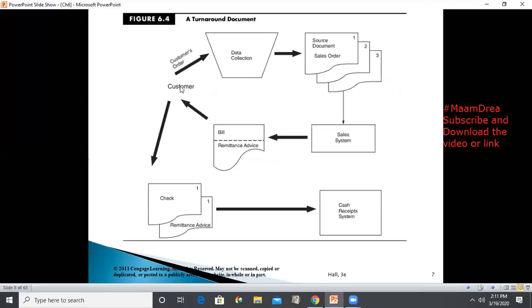The turnaround documents happen when the customer's order asks for a quotation, we collect the data, and a sales order is created as a source document, entered in our system, and then we create the bill with the perforated form, the other half being the remittance advice, sent to the customer. Upon approving the billing, the customer creates payment, usually in the form of a check.